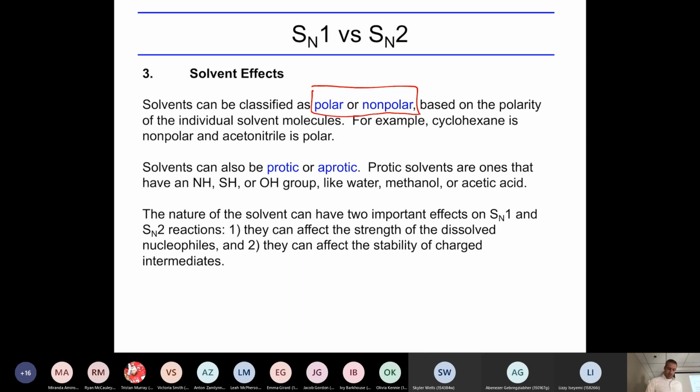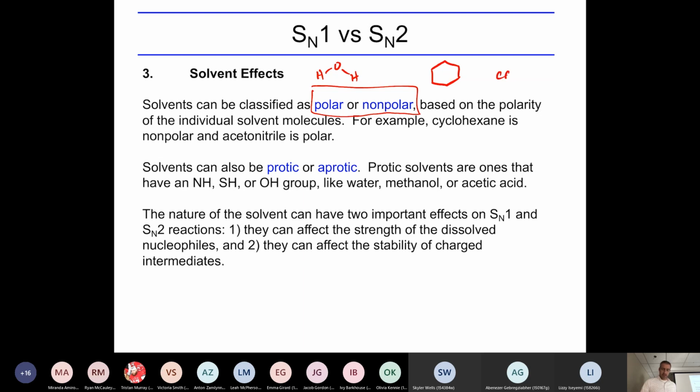So take, for example, something like water. Is water a polar liquid? Yeah, water has a dipole, and therefore it will behave as a polar molecule, and it's a liquid, so those are the two things we need for this to be a polar solvent. Take something else, for example, cyclohexane. Cyclohexane is a liquid at room temperature.